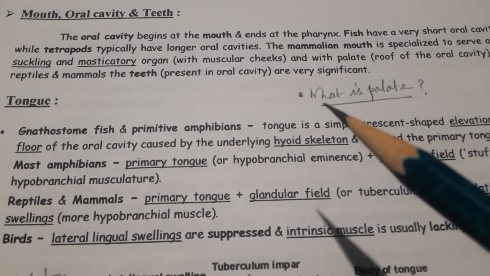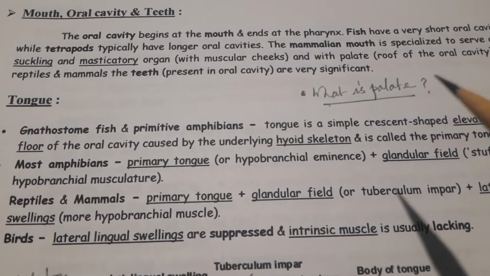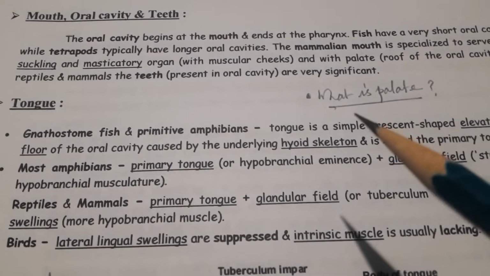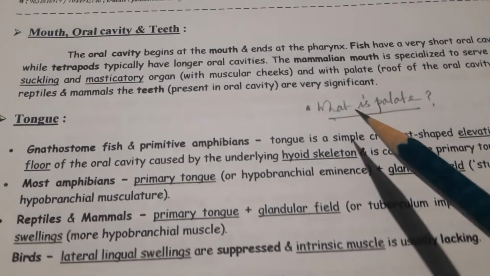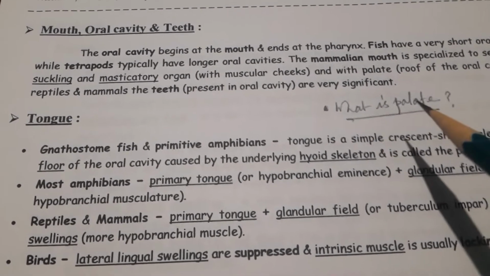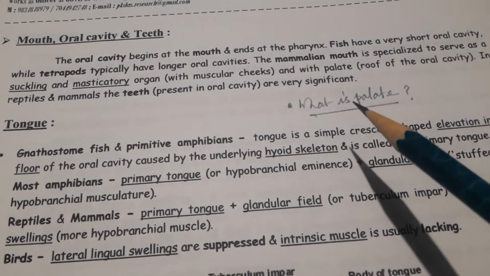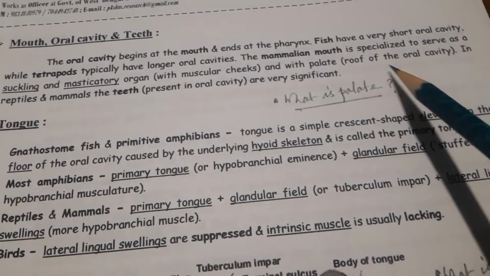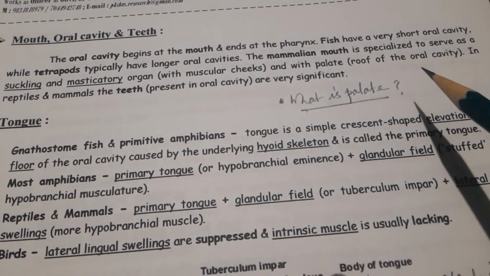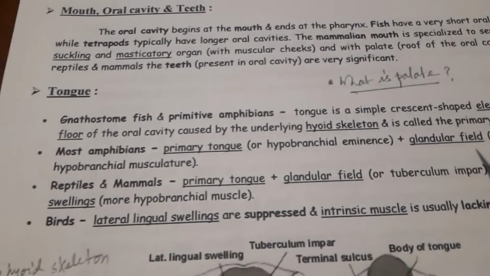I am emphasizing the main item of every portion. From this portion the important item is palate. What is palate? Palate is the roof of the oral cavity. The roof of the oral cavity in vertebrates, which is hard and smooth, is called palate.